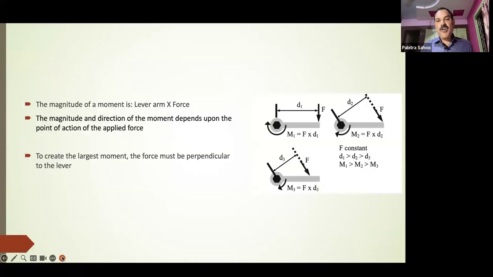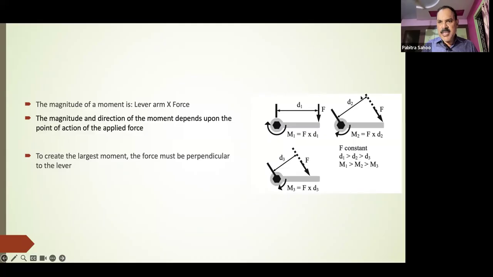Now, even if the effort arm is the same length, the direction of the force also decides how much torque, and how much movement, will be achieved around this joint. In this example, when the force is falling vertical, or perpendicular, to the effort arm, it will give the highest range of motion.